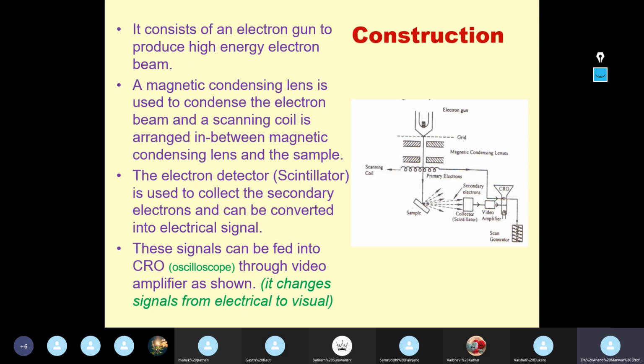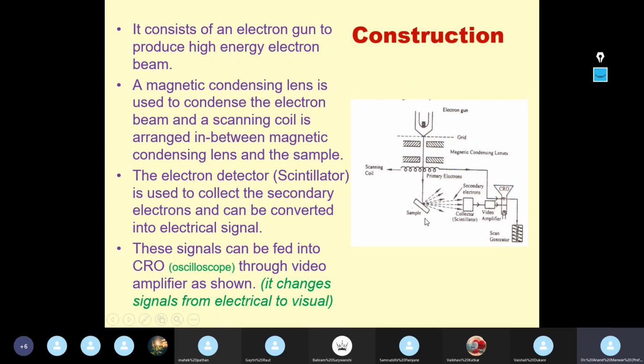It changes electrical signals to visual signal. So here it will be amplified and then sent to the CRT or cathode ray tube via the CRO or cathode ray oscilloscope, where the signal is changed from electrical to visual. So this is how it works.